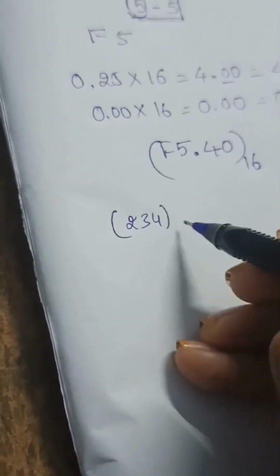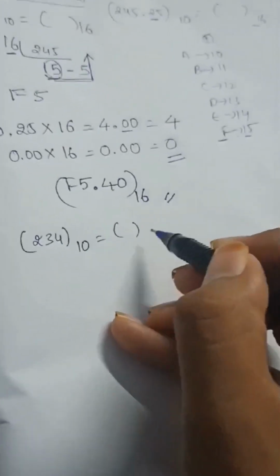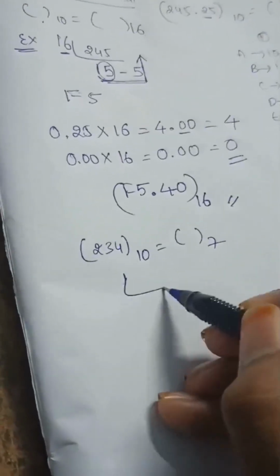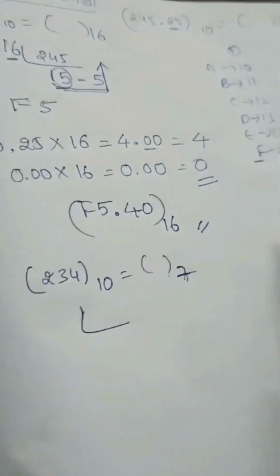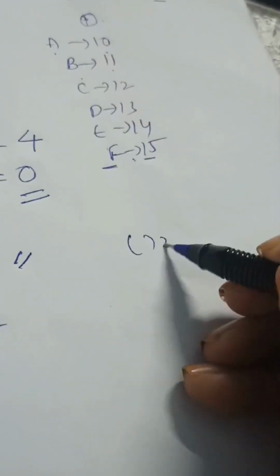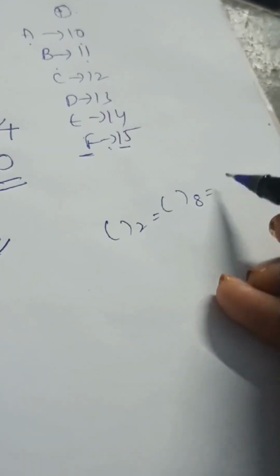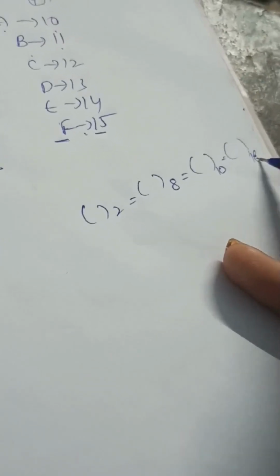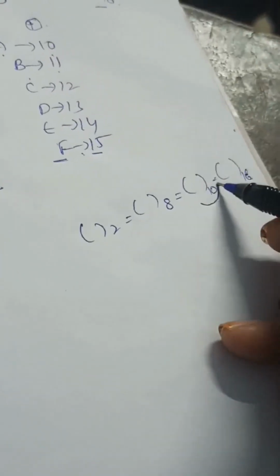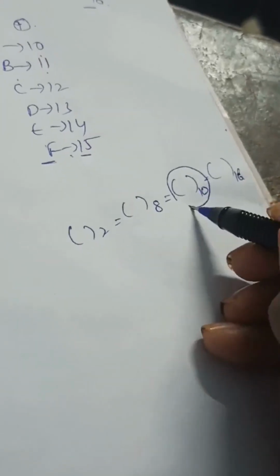Let me consider another example: 234 to the base 10 to the base 7. We have base 2, base 8, base 10, base 16. Now we are dealing with decimal into any base conversion.